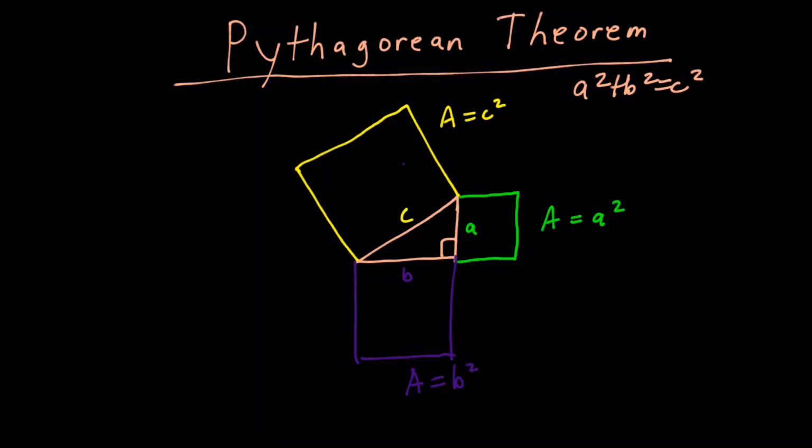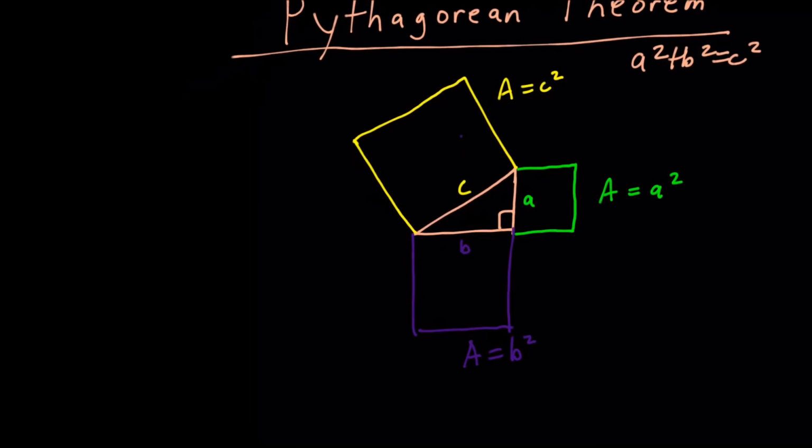So let's look at just a couple of examples real quick. Using this formula, if we know two sides of a right triangle, we can solve for the other side. So let's make a right triangle, and we'll give one side the length 5 and the other side the length 12, and we want to know what the hypotenuse, or C in this case, is.